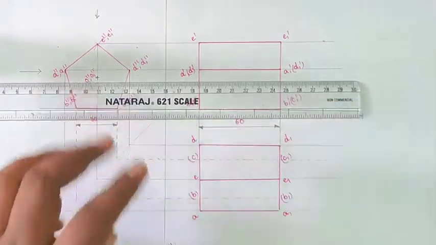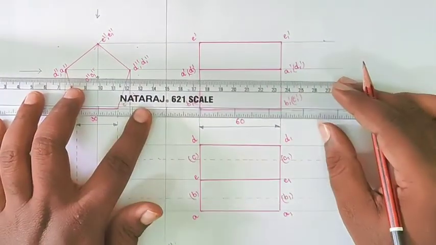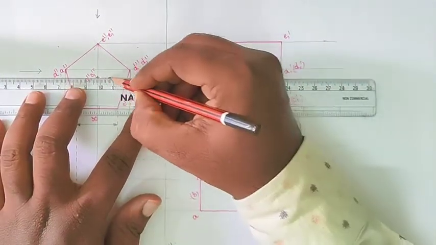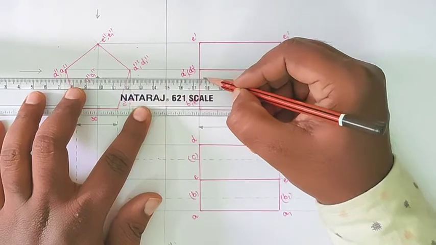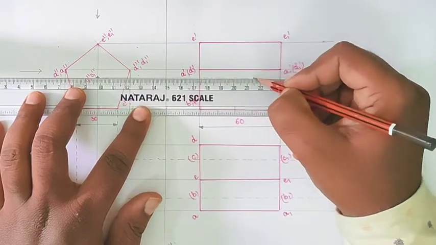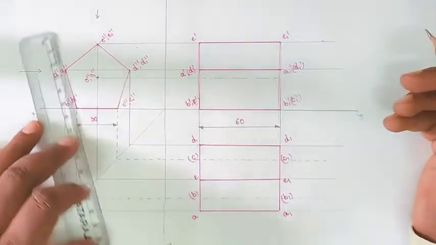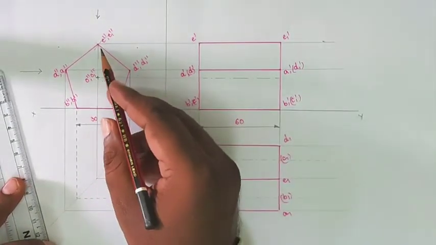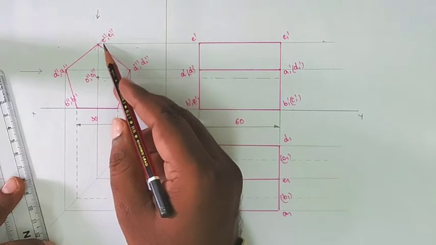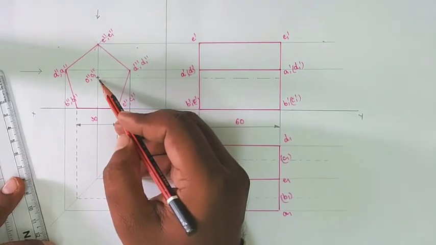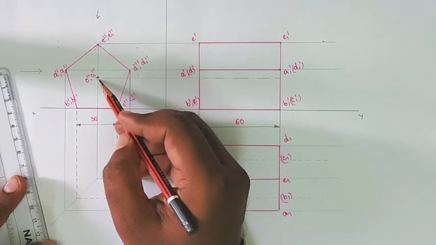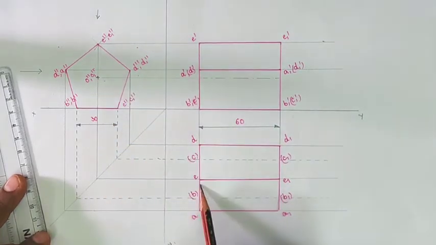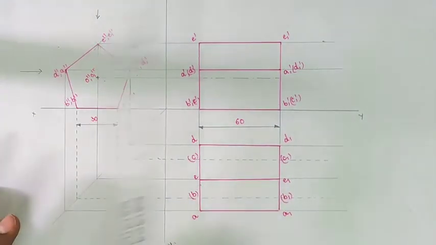So the axis line I am also representing here. In the top view, the axis line passes through point E, and the center of the axis line passes through that, so it will be a thick line.